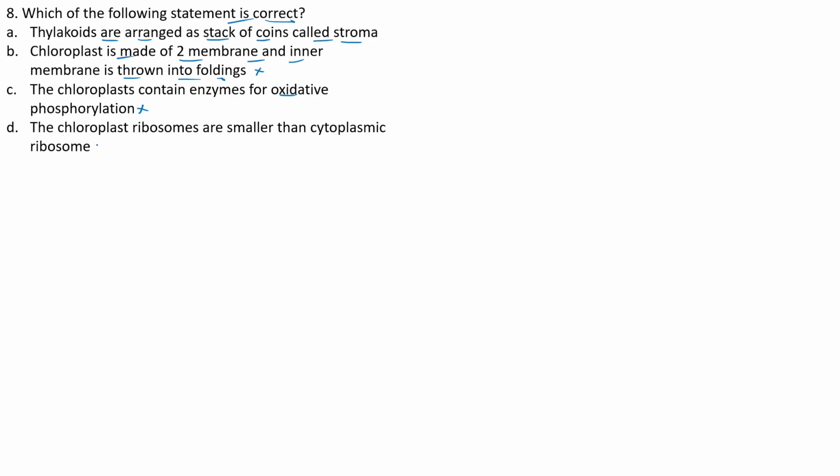So you can see that the A and D statements are somewhat near to correct. Thylakoids are arranged as a stack of coins called the stroma. Do you think they are called the stroma? No, they are actually called grana, right? So statement A is false, B is false, C is false, and D is more appropriate. So D is the true statement.